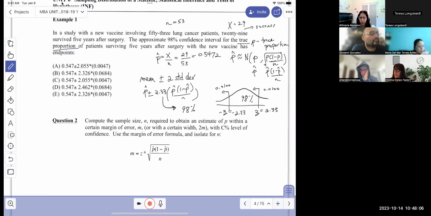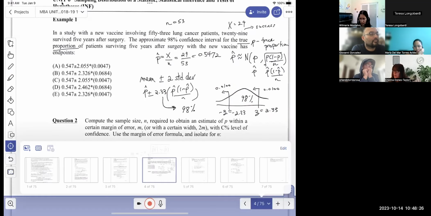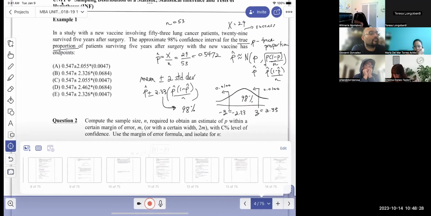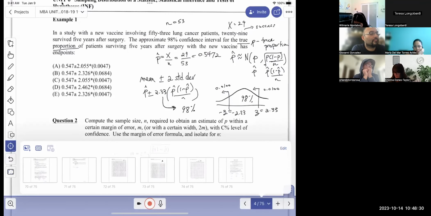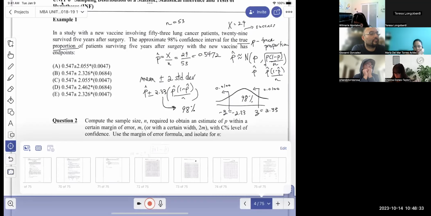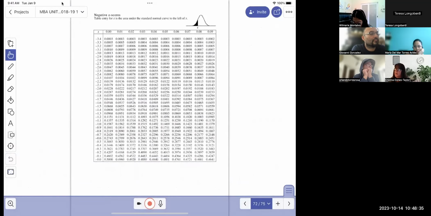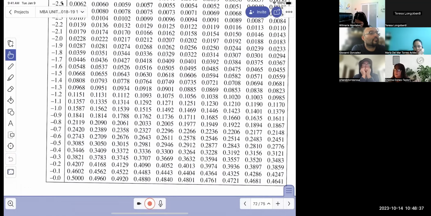I have a question. I got in the table 0.01, negative 0.01. You have to go backwards. You go inside looking for 0.01. So I have to look inside here, 0.01.